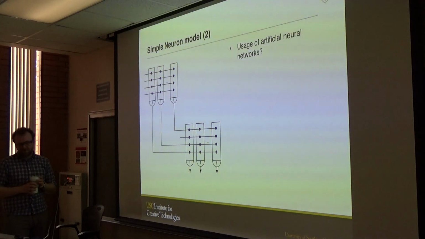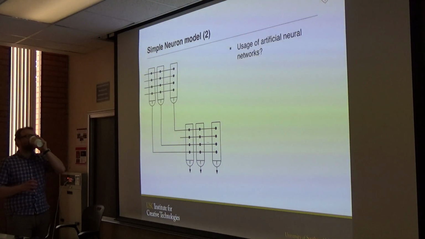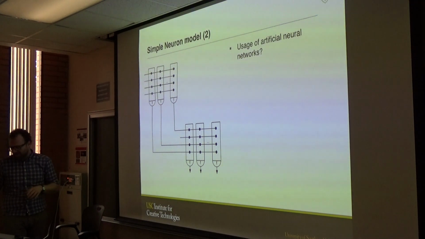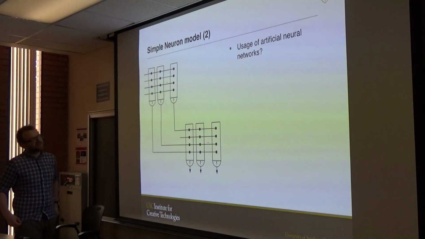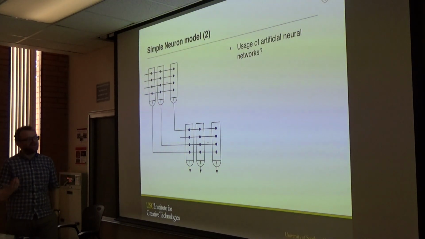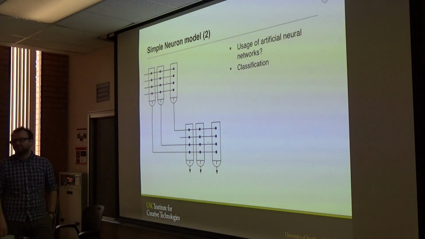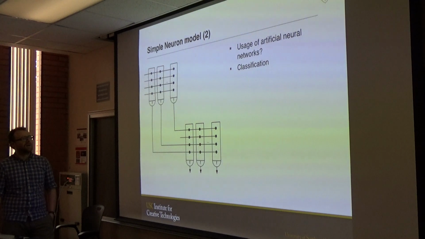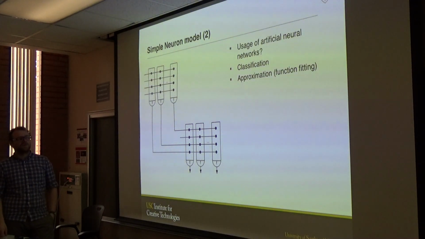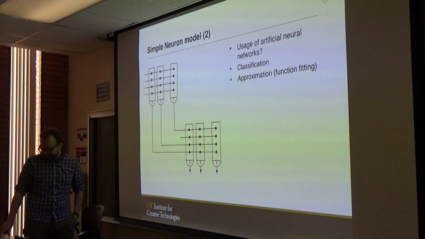This is just a slide clarifying what I meant with it having many applications. What can we use these for? Well, we can use those for classification. We can use those for approximation or function fitting.